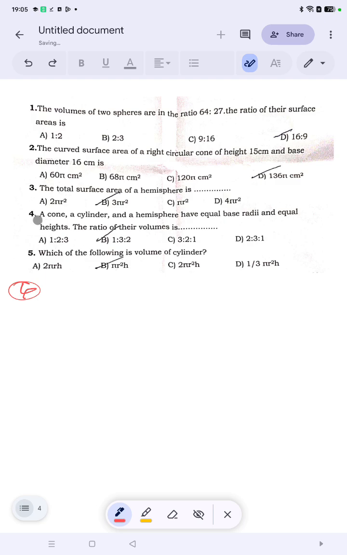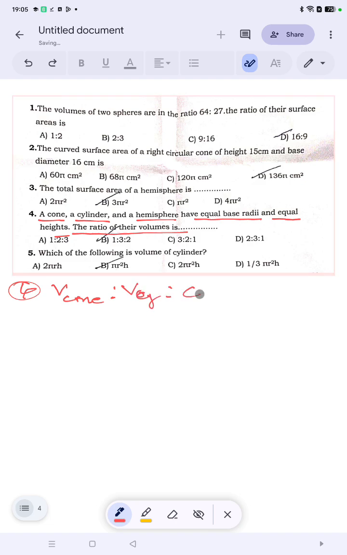In the fourth one, what is given? A cone, a cylinder and a hemisphere have equal base radii, and the heights are also equal. We need the ratio of their volumes: the volume of the cone, the volume of the cylinder and the volume of the hemisphere. The volume of a cone is 1 by 3 pi r square h.